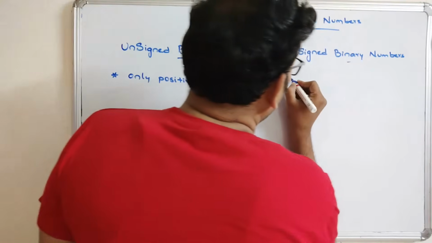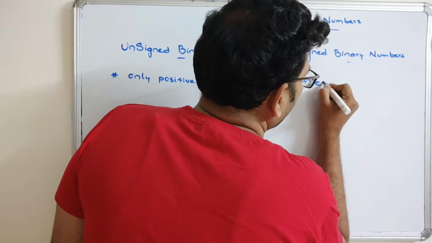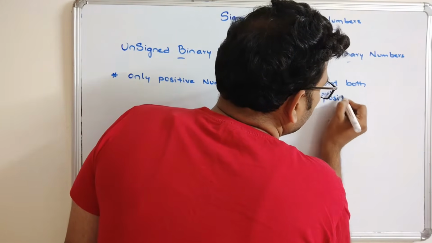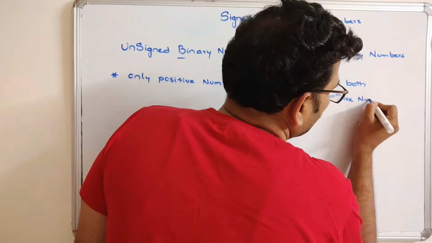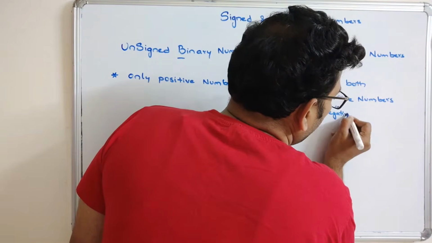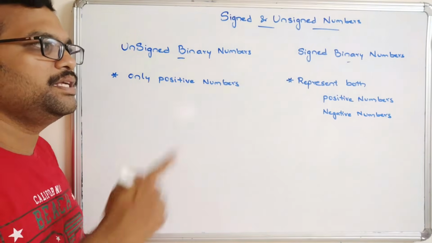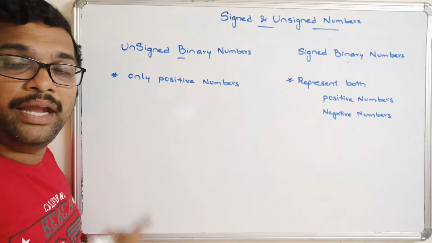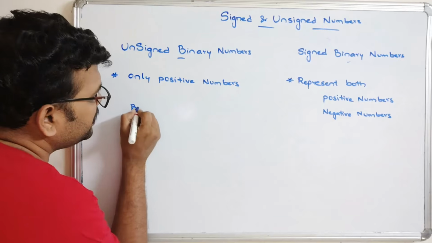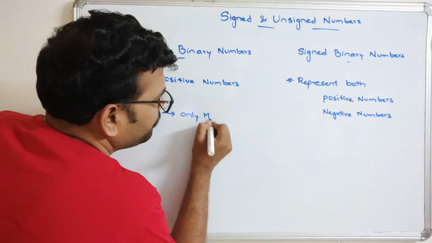Similarly, signed means we can represent both positive numbers and negative numbers. Both can be represented in signed binary numbers. In the unsigned case, the binary representation will have only magnitude.